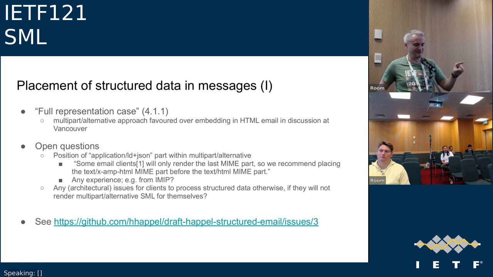There is actually one note from Gmail, which do a similar thing for something called AMP email, which says that in that multipart/alternative case, you should position it not at the end like the RFC says, but in the middle of the chain, due to some reference which is obviously broken, so you cannot look it up. So the question is, is there any experience from clients or implementers on why this might be the case, or which clients might not support that? Is that worth considering or further testing, or can we safely assume that if we recommend putting the multipart/alternative at the very end, as the actual spec says, this will work out well?